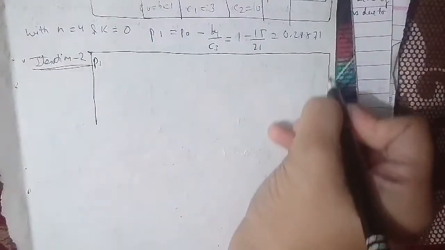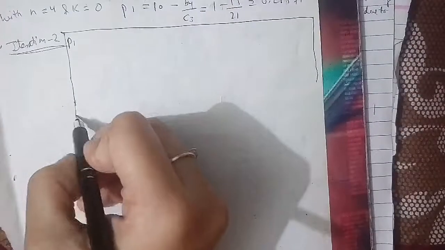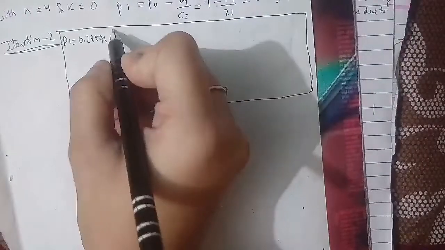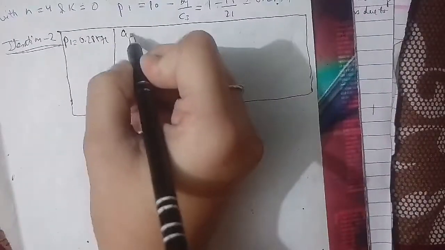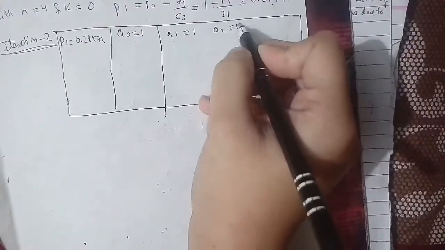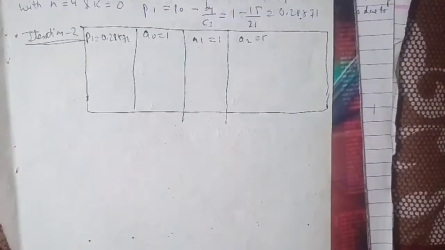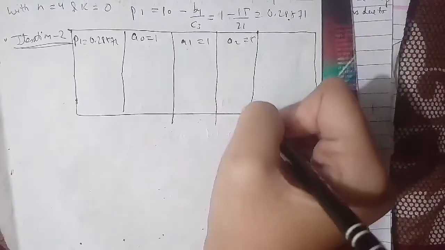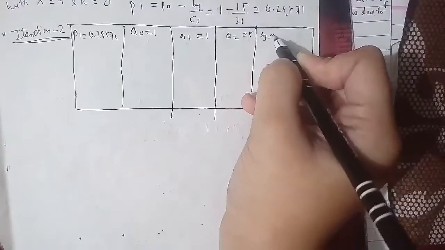So here p1 = 0.28571, the value we found, and a0 = 1, a1 = 1, a2 = 5, a3 = 4 and a4 = 4 as well.